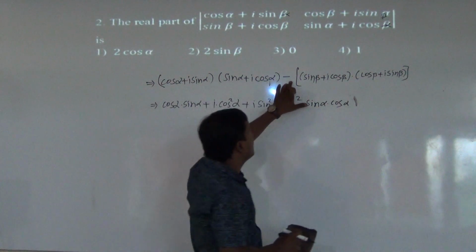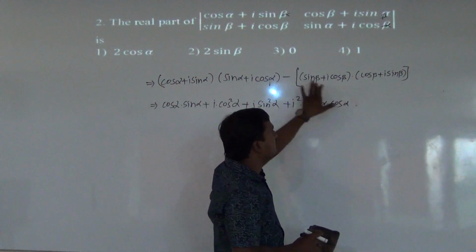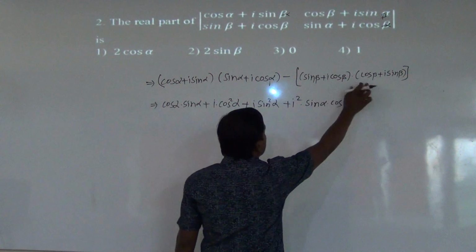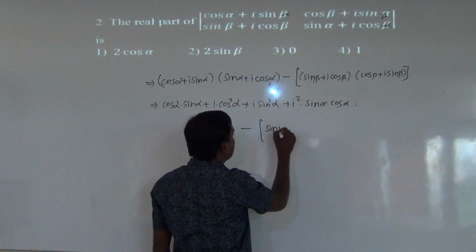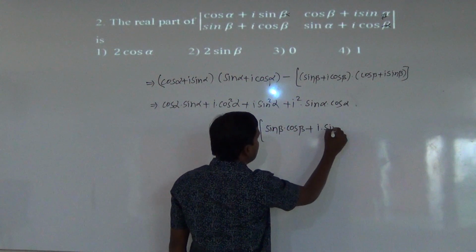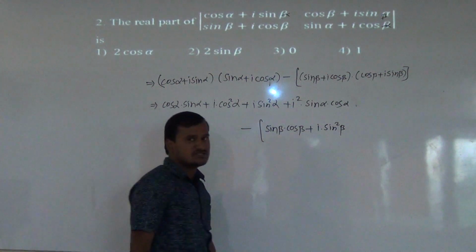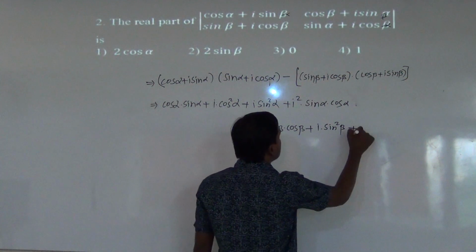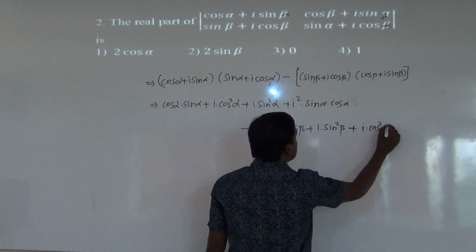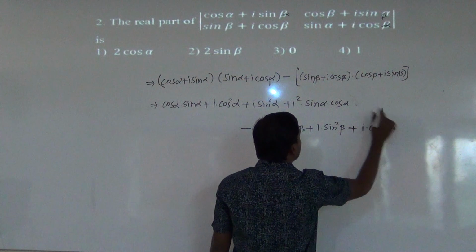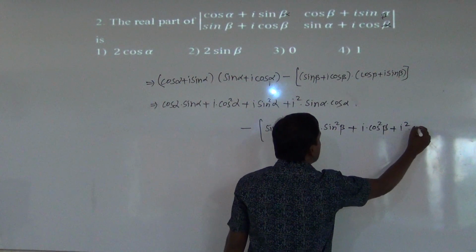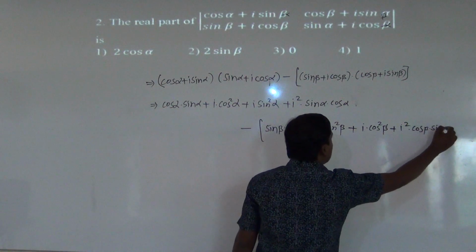Now I simplify the product in the bracket. That multiplication gives sin beta into cos beta, plus i into sin square beta, plus i into cos square beta, plus i square into cos beta sin beta.